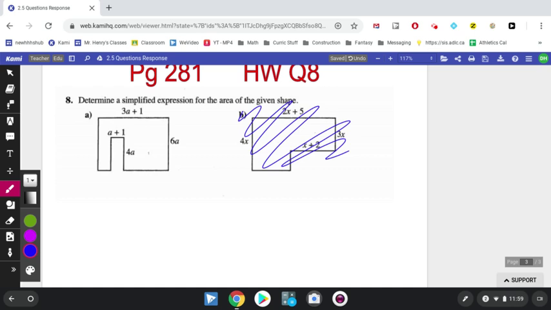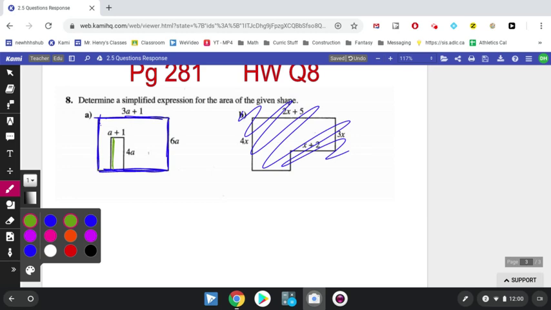So I look at this thing and it's a kind of a weird cutout area. And what I need to notice is it was like I had a big rectangle, which I'll choose as blue. I could find the area of that: 6a times 3a plus 1. It's like base times height. I could find the area of that rectangle, and then subtract the area of this little rectangle on the inside, so let's call that the green rectangle.